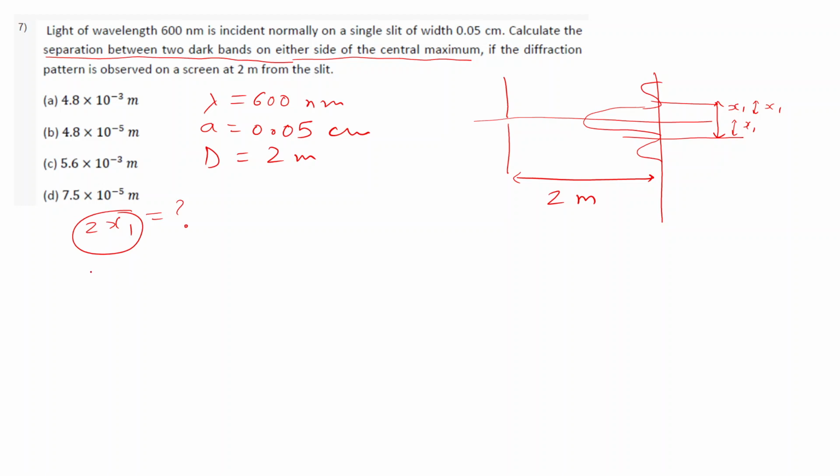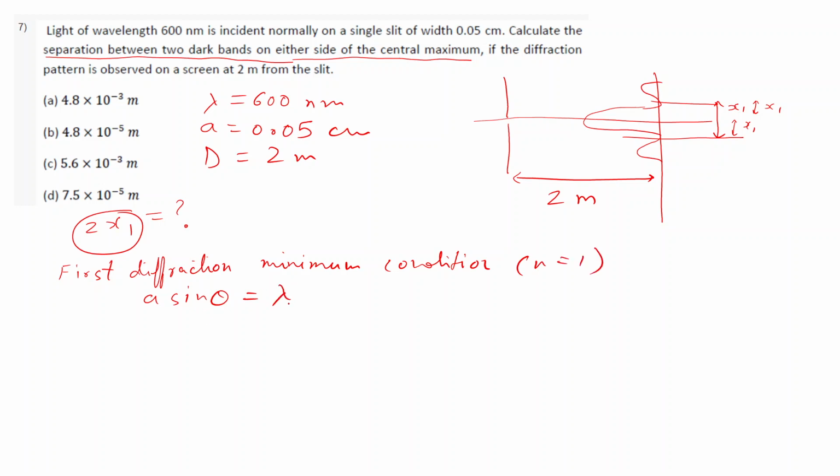Now, again using the first diffraction minimum condition, which is a sine theta is equal to n lambda, for first diffraction minimum n will be 1, so it will be lambda directly.